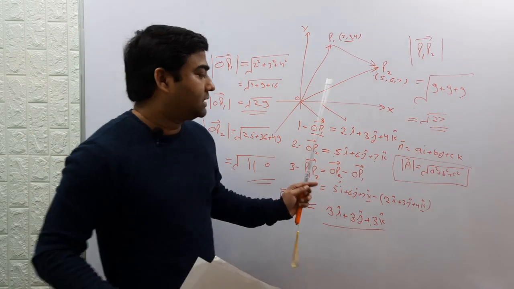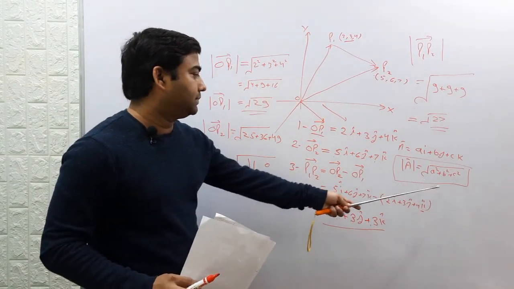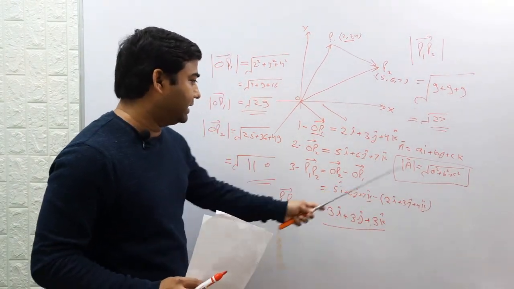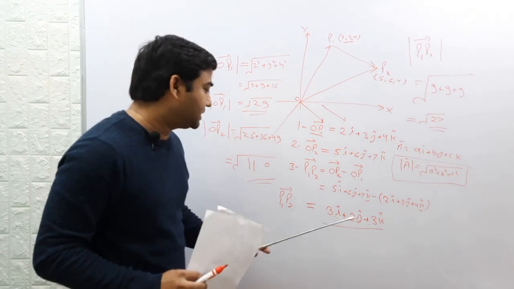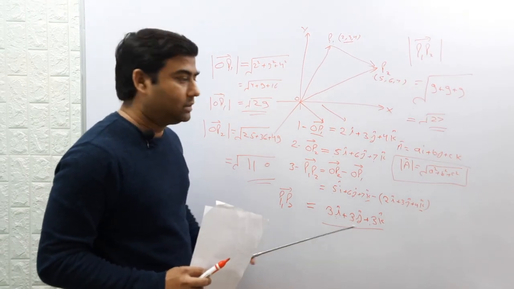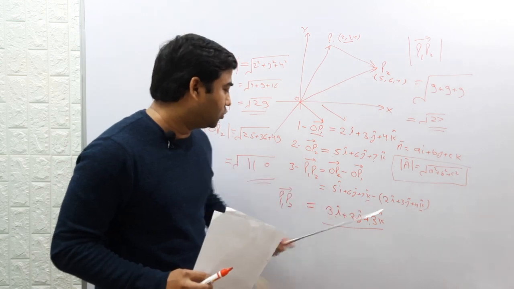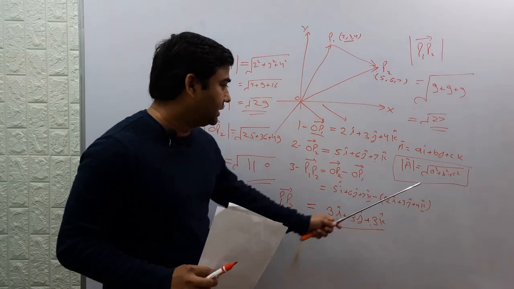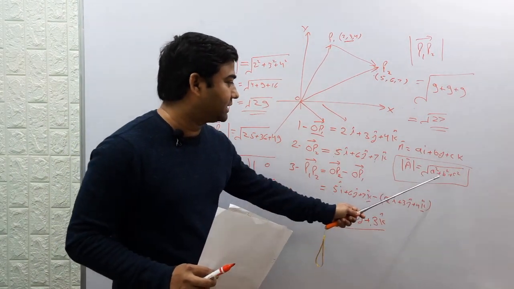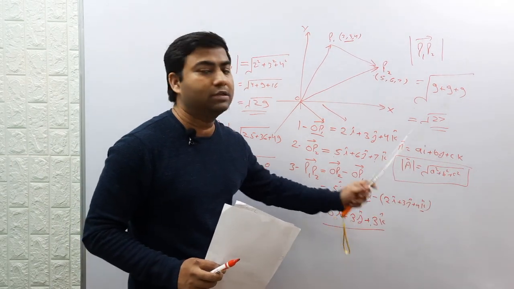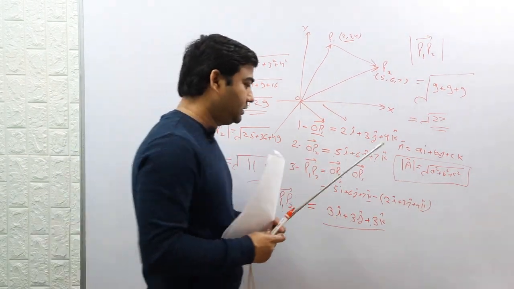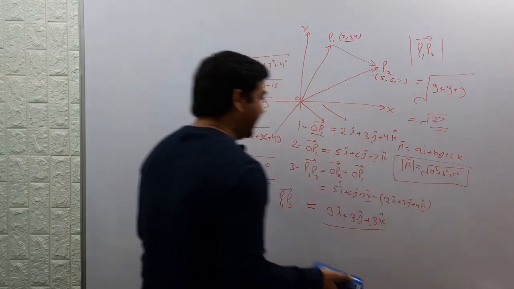We have discussed this earlier also. That is the formula when a given vector is represented in terms of i, j, k. You can simply find the coefficients of i, j, k and then find the modulus of that vector by under root a square plus b square plus c square. This is for any given vector.